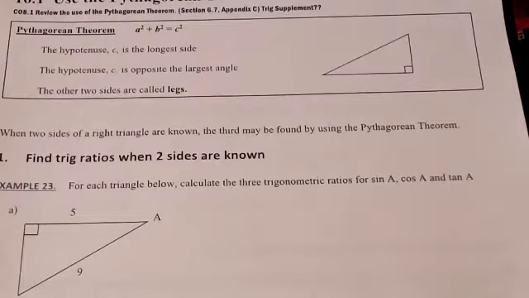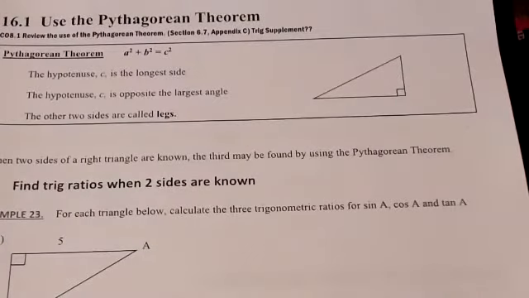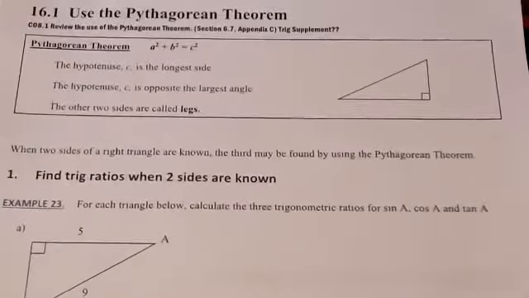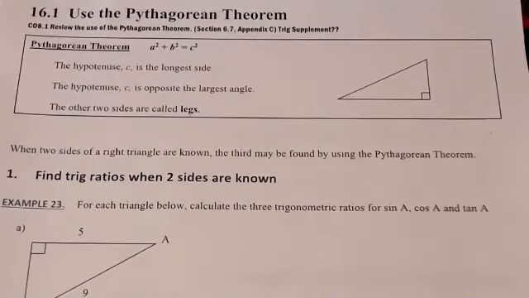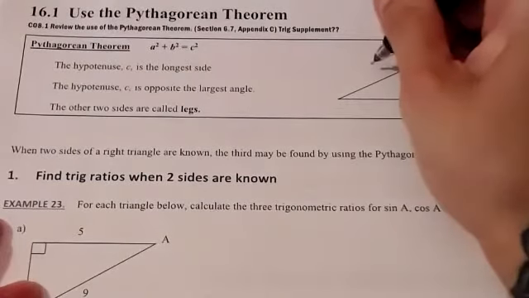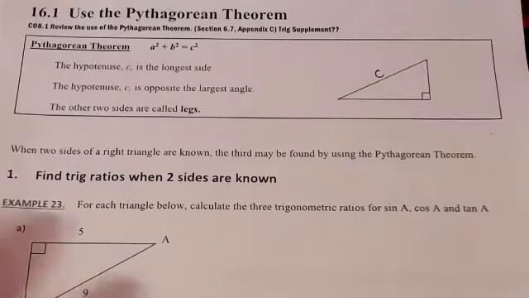Cool. All right. We know how to use the Pythagorean theorem, so we're just going to do this once. As a recap, we know that C is our hypotenuse, that's the longest side. So as long as we label our hypotenuse C, it really doesn't matter what we label A or B. It's really interchangeable.